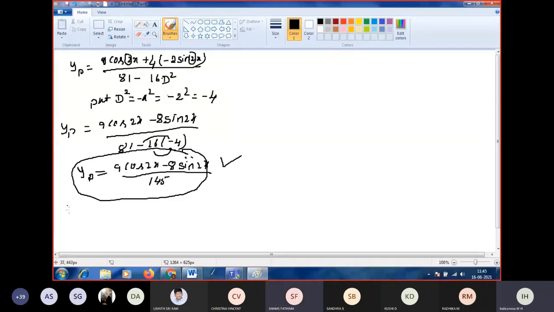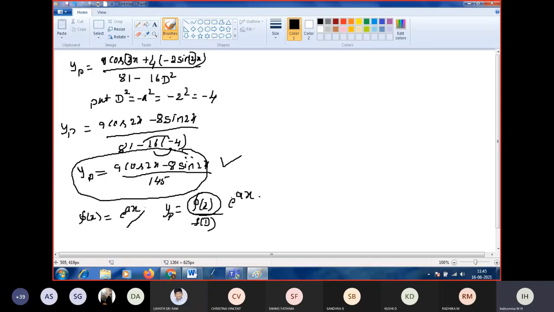Ma'am, how will we differentiate type 1 and type 2 if it is asked in the question paper? Type 1 means RHS is of the e power ax form. To find yp, we consider phi of x by f of D. If phi of x is of the form e power ax, you replace D by a.